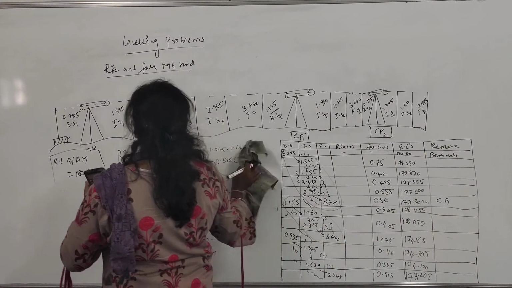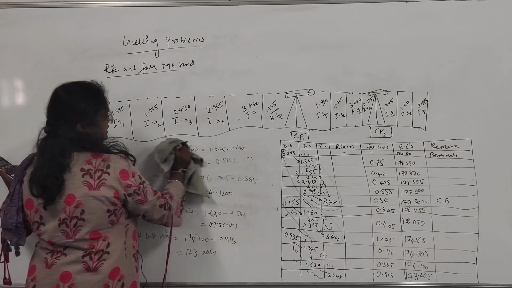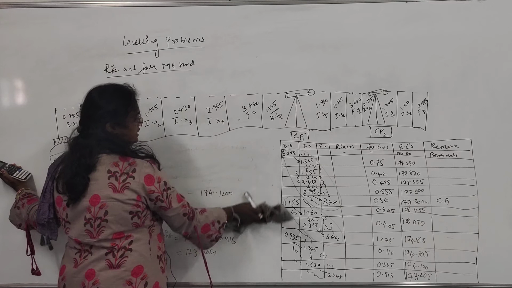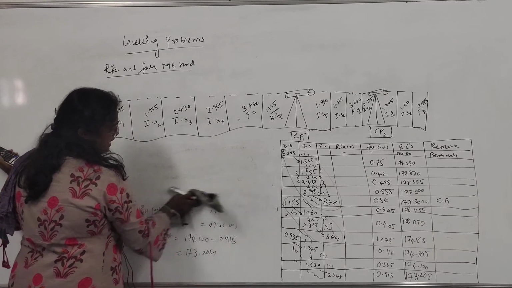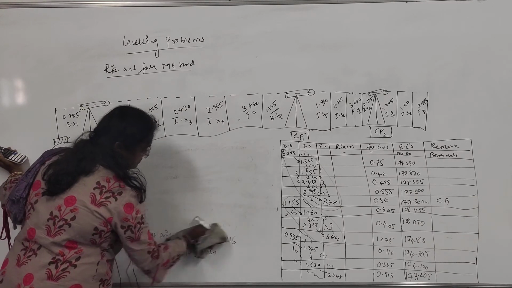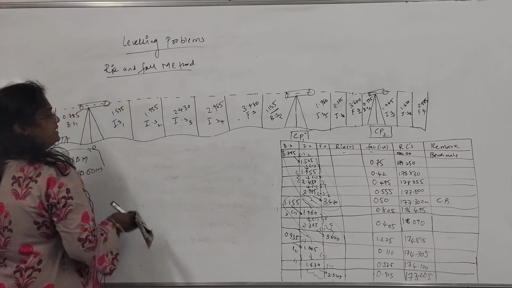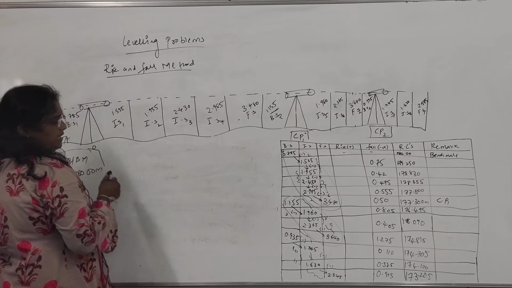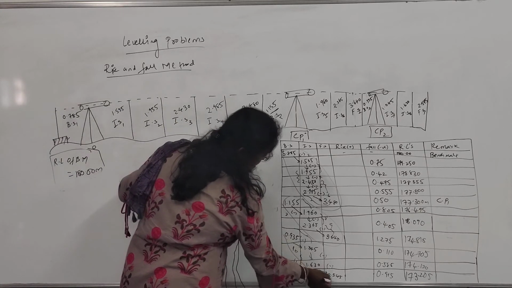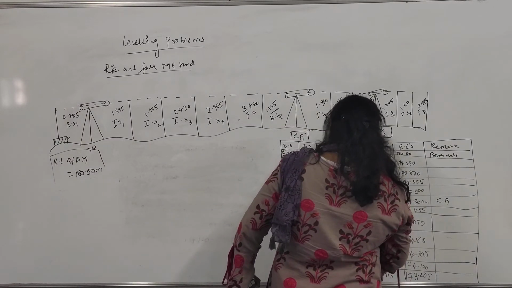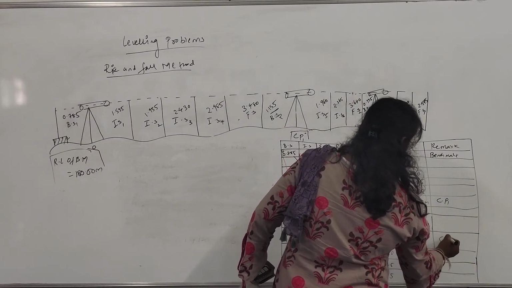Now again we need to go for the check. Previously for the height of instrument we did the check, right? Here how many cycles we did? We did 3 cycles. This will be your change of point 2.